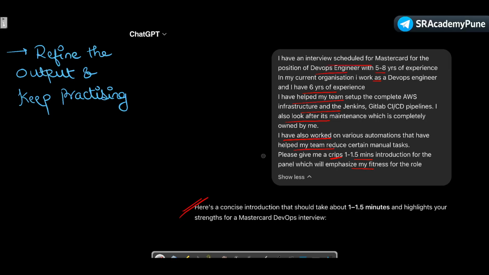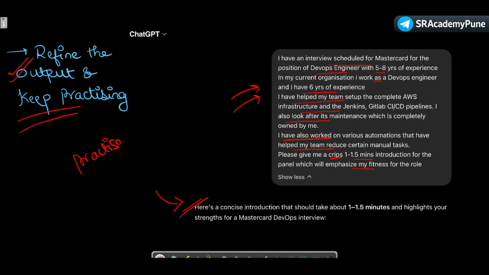This is just for some reference. You don't have to follow it exactly. Just take it as an example and refine it as per your job opening, your job description and your experience. Whatever you get, you refine the output and you keep practicing. Make sure you take the output and practice it, because that is very important.